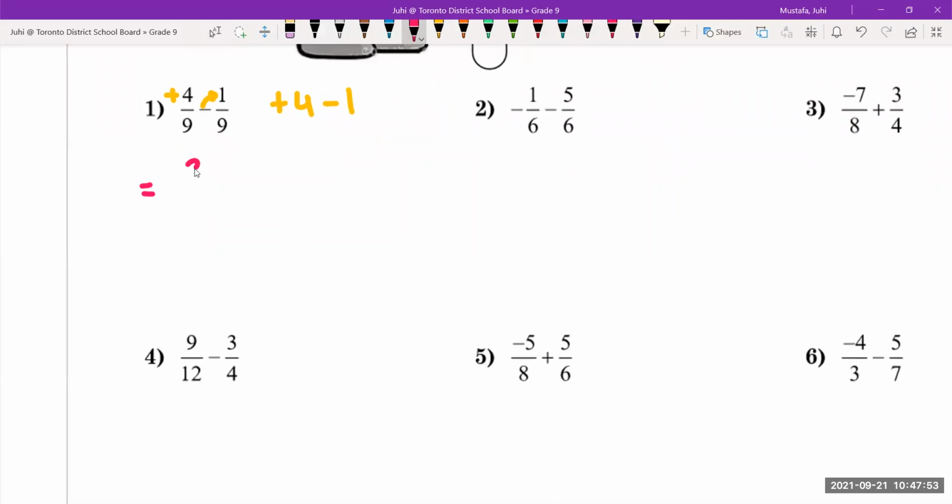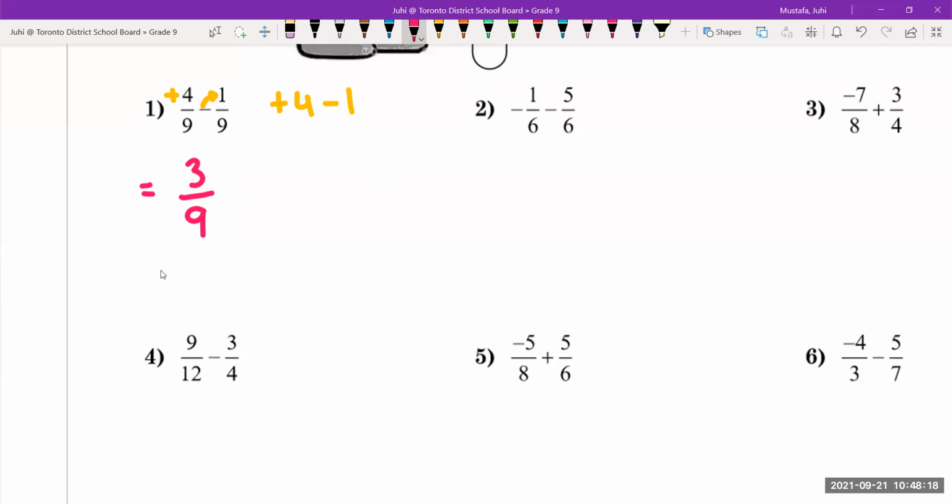Positive 3, good. And then you guys, if the denominators are the same, what are we going to do? Are we going to subtract these denominators, make it a 0? Are we adding them, or are we just keeping them the same? Shams? Yes, and what number am I going to write over here? Yeah, you're actually going to keep the denominators the same. It's just going to be a 9. So when we're adding and subtracting fractions, you don't do anything to the denominators.